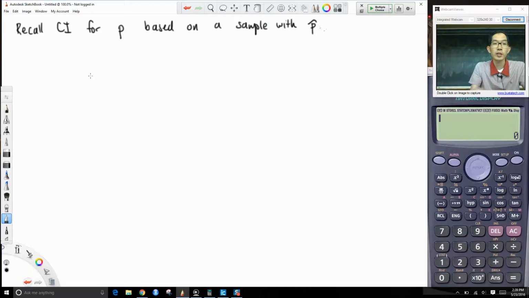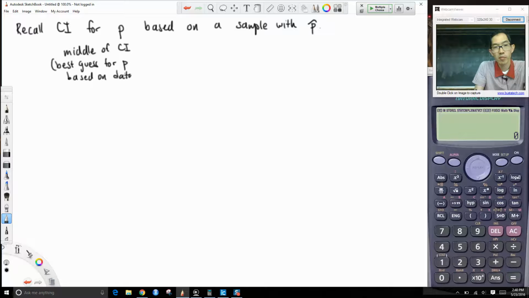Now what went into the middle of our confidence interval for p? It was our best guess for p based on the data. And what is that value? P hat. And then we said plus or minus the margin of error. How did we make the margin of error?